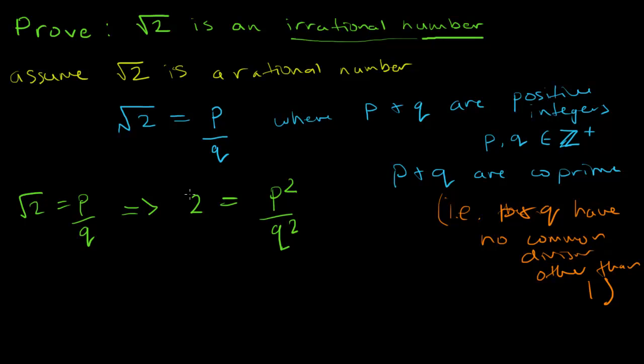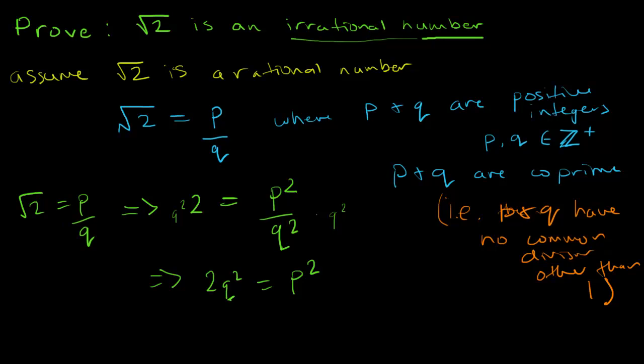I squared root 2 to get 2, squared this side, and I get p squared over q squared. Then I'm going to multiply the q squared onto this side. So if I rewrite that, I get 2q squared equals p squared.